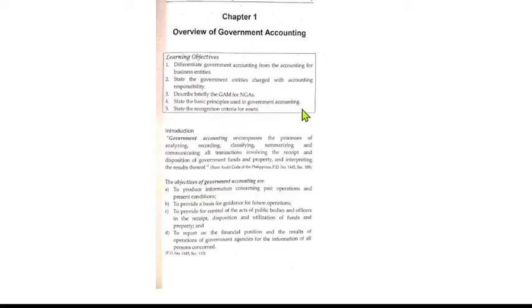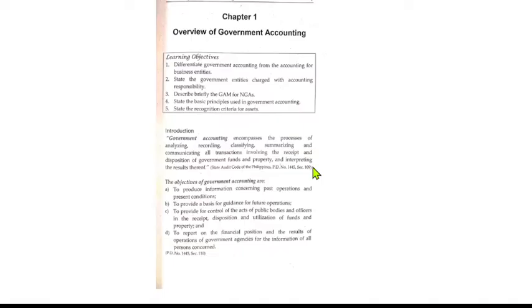So, what does government accounting mean in auditing the Philippine government? Well, government accounting encompasses the processes of analyzing, recording, classifying, summarizing, and communicating all transactions involving the receipt and disposition of government funds and property and interpreting the results thereof, as stated in the State Audit Code, which is the basis of the Government Accounting Manual.